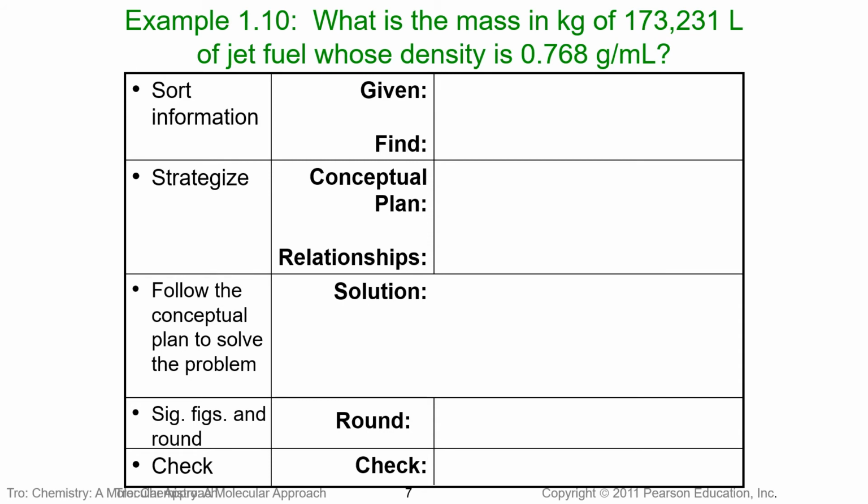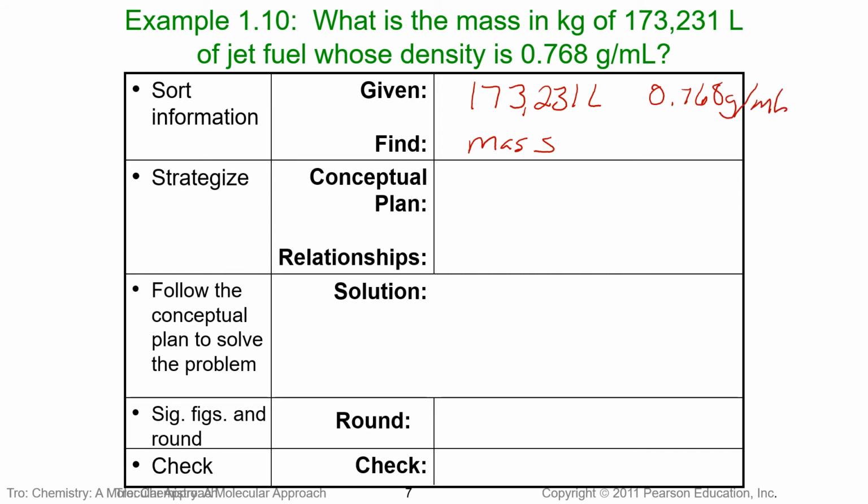So here's an example. What is the mass in kilograms of 173,231 liters of jet fuel? And we're given the density. So we're trying to find mass. We're given 173,231 liters, and we're also given the density.